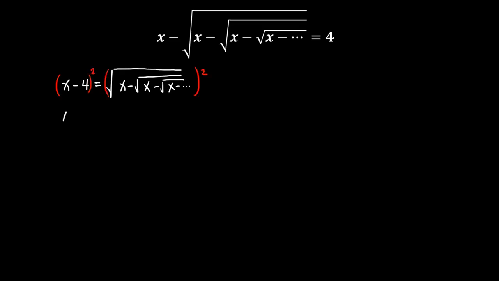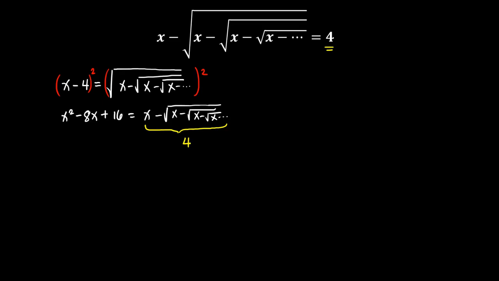So this would give me x squared minus 8x plus 16 is equal to x minus the square root of x minus the square root of x minus square root of x and so on. However, when you look at the right side now of the equation, this one is actually equal to the original answer.